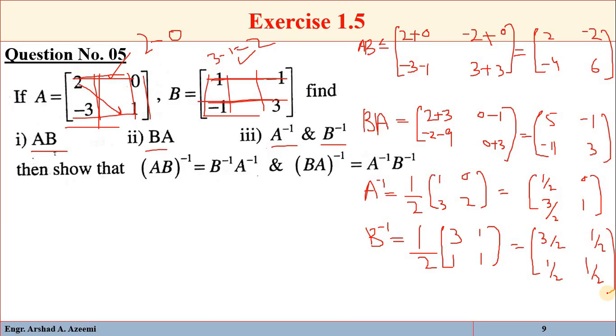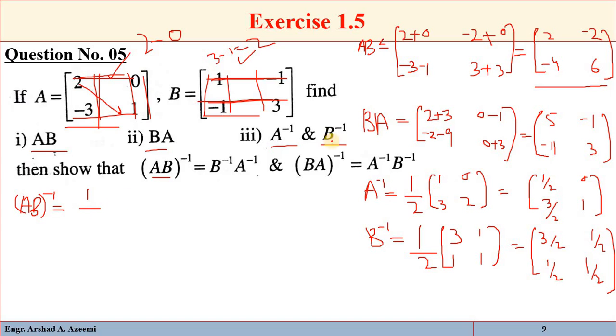So we have found out the product of AB, product of BA, inverse of A, and inverse of B. Now we have to find out the inverse of AB. Okay, so inverse of AB will be equal to the determinant of this matrix.